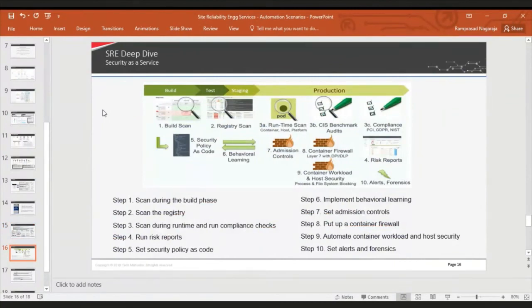Again, the typical steps that you can automate from a security standpoint. Right from your build phase, looking at your registry, your compliance checks, running and perhaps disseminating your risk reports. And so this whole cycle can be created as a service and enabled, which can significantly bring down the effort of the support engineer.